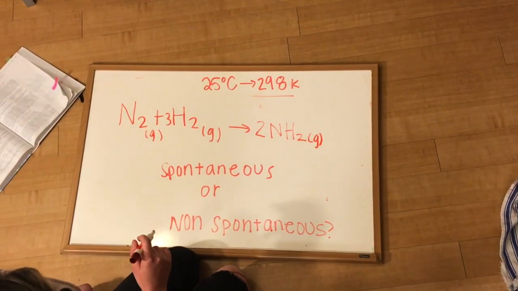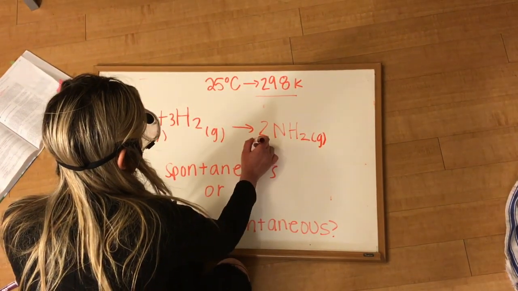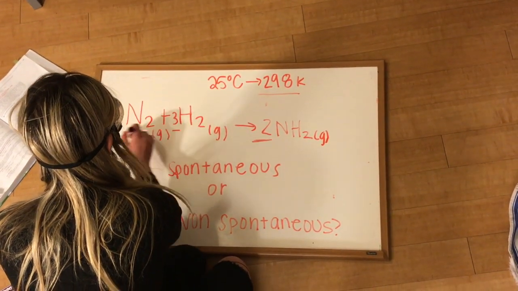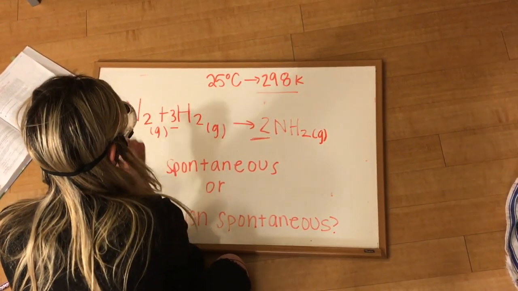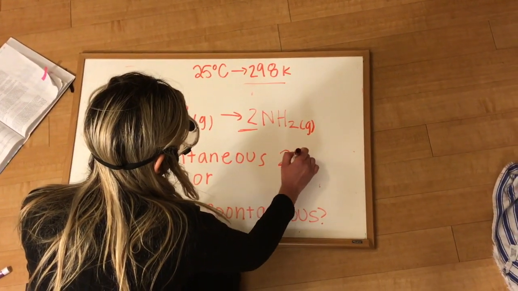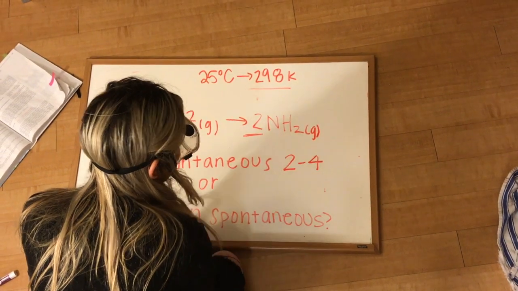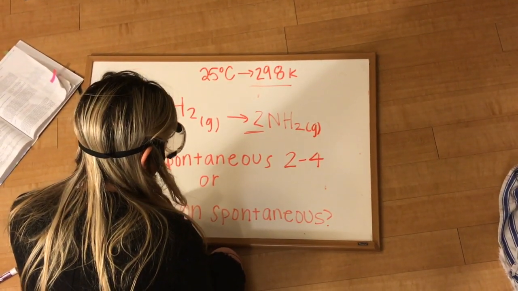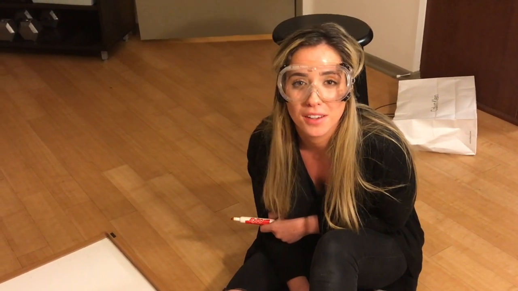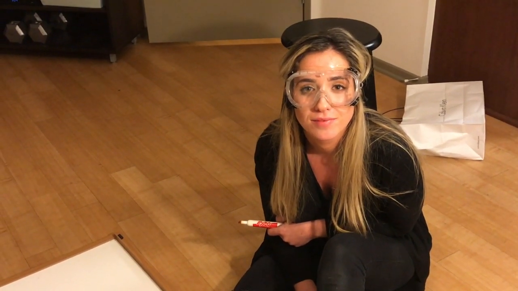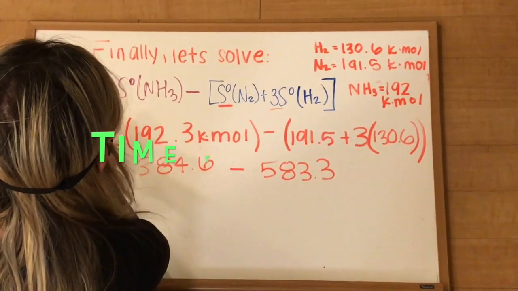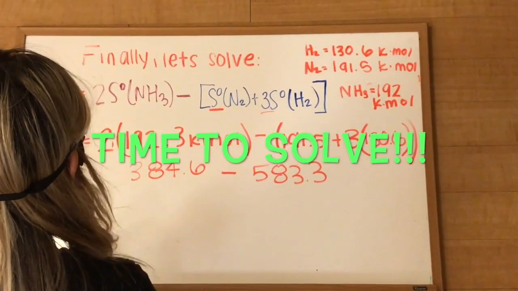So we can predict this because we see here we have 2 moles of product versus 3 plus 1, 4 moles going to 2 moles. So if we take 2 minus 4, are we going to get a negative or a positive answer? A negative. That's right. And what does it mean if we get a negative value for our delta S? Non-spontaneous.